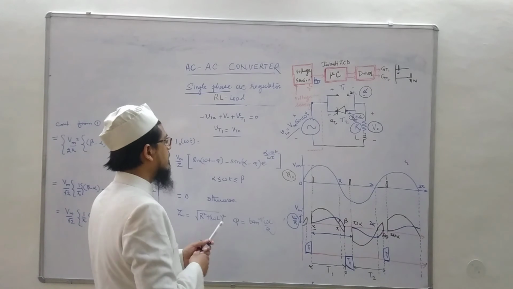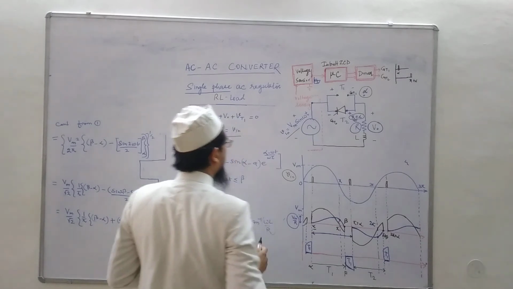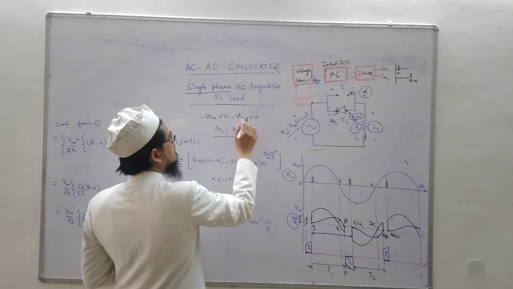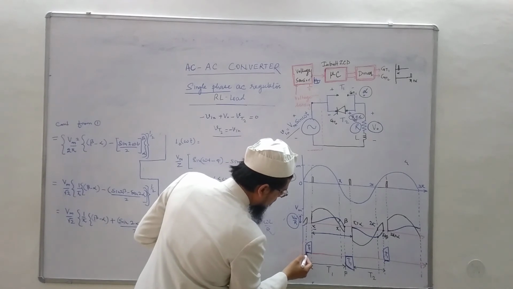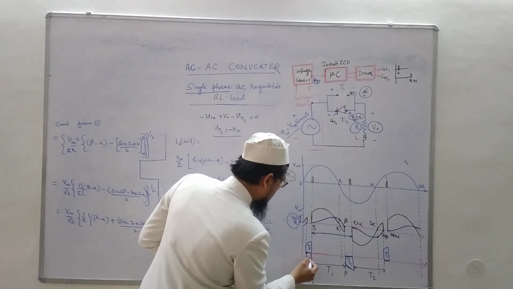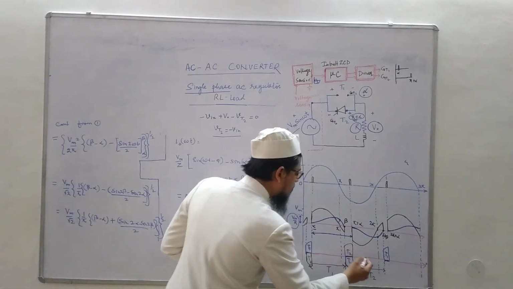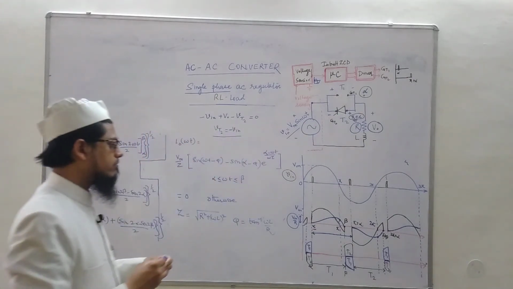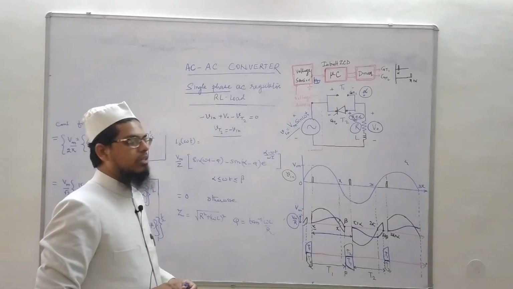If I apply KVL and take this loop along T2, then VT2 would be minus of Vin. So that means I have to draw the waveform just opposite to it. So this is T2, this is T2, and here also this is T2. I hope it is clear, the voltage that would be appearing across the two thyristors T1 and T2.